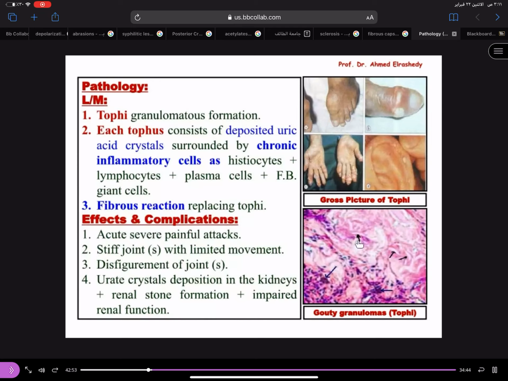In the acute form, neutrophils come. As we discussed in acute gouty arthritis, there is very severe pain due to neutrophils. But in chronic cases, you can see a surrounded structure with crystals in the center and lymphocytes around. Ultimately fibers will form. In all pathology this occurs: first acute inflammation occurs, then chronic inflammation occurs, and ultimately fibrosis occurs.